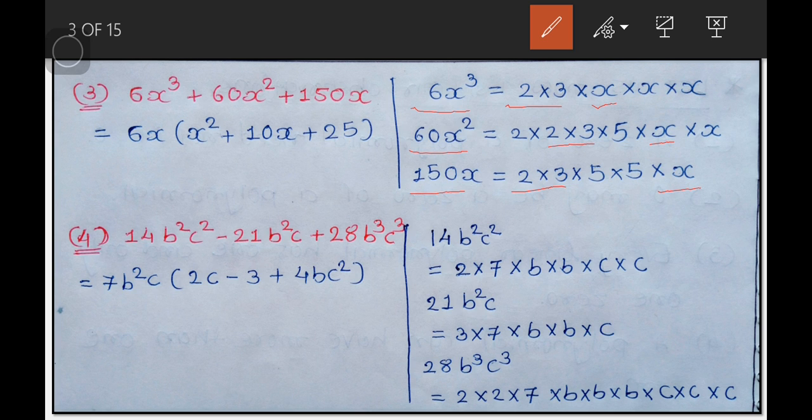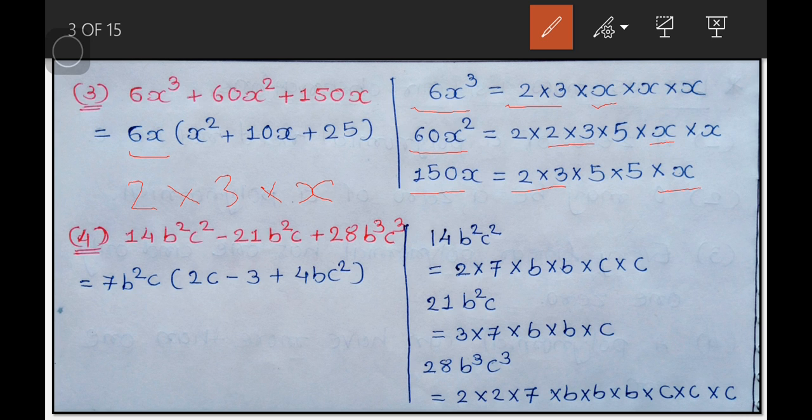So here you can find 2 into 3 into x is common, that we can write as 6x. 2 3s are 6, into x. So here we can find 6x common in each term. So we extract 6x from each term.